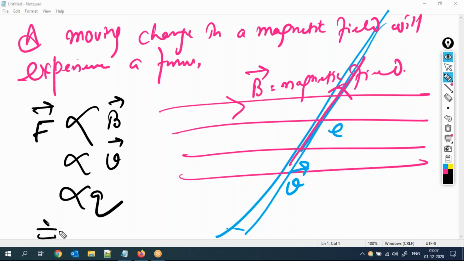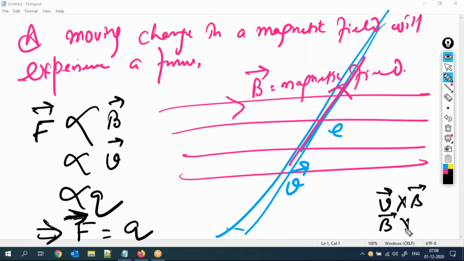If we convert it, F equal to Q. Q does not have direction, so you write Q anywhere, right? The question is V cross B or B cross V. Both are possible because we need a vector, right? Yes, sir.